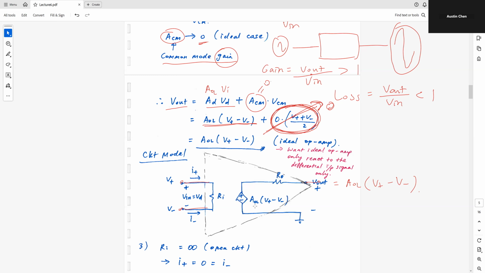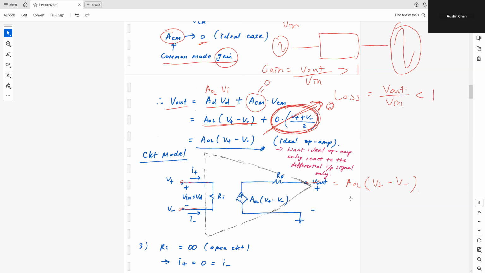And at the same time, from the first property, we want this AOL to be as large as possible, so AOL has to still be equal to infinity. So I want V out to be equal to AOL times V plus minus V minus, just like this.